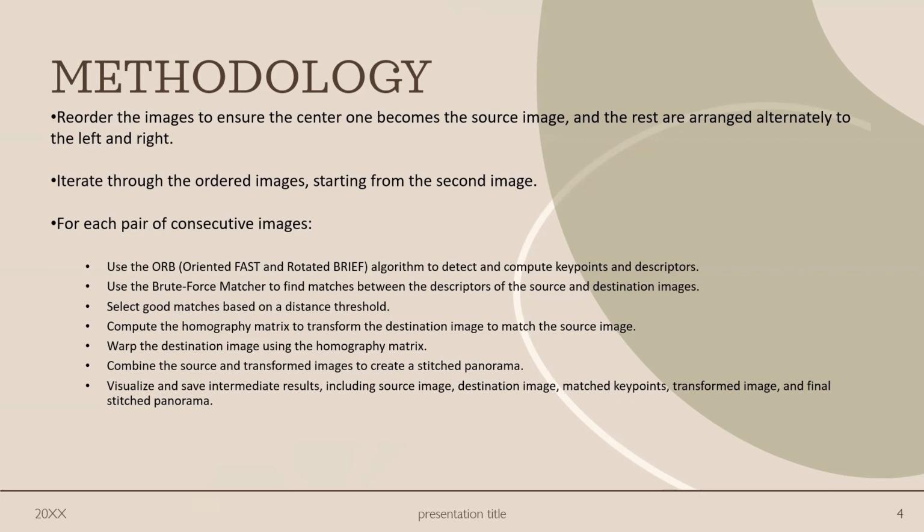So basically, what the homography matrix does is that it will match the key points of two images, and then it will transform them into panorama views using the homography algorithm. Now we will warp the destination image using the homography matrix and combine the source and transformed image to create the stitched panorama. Next.